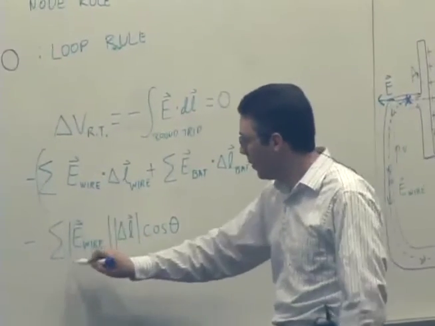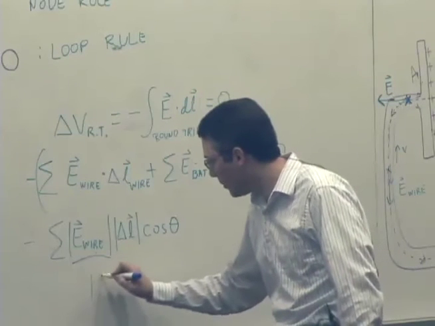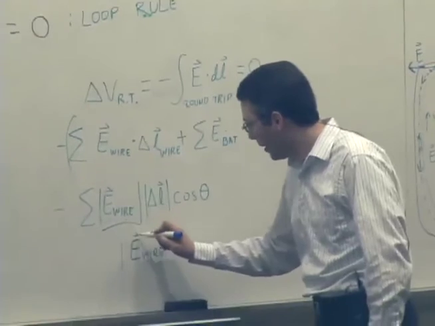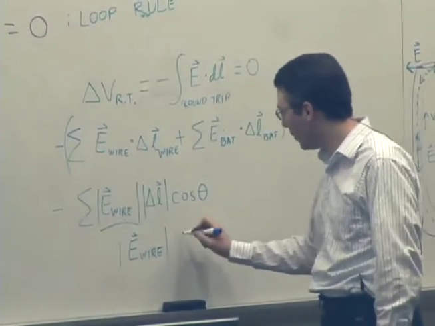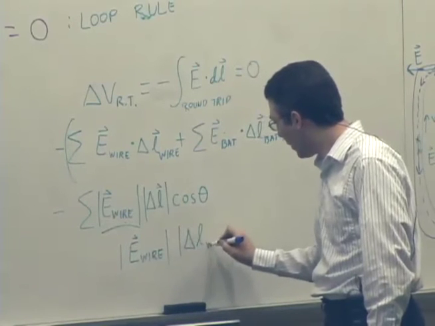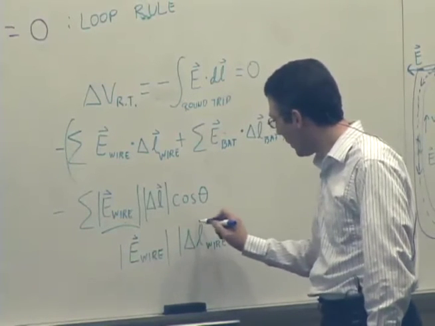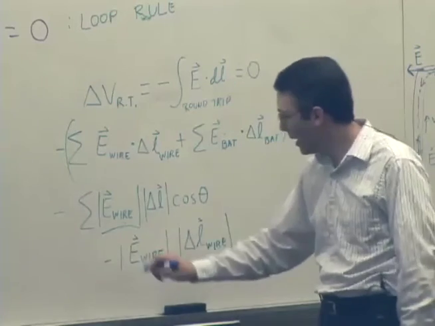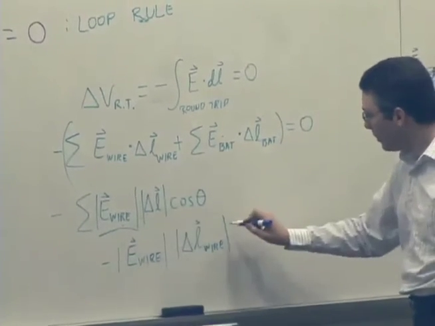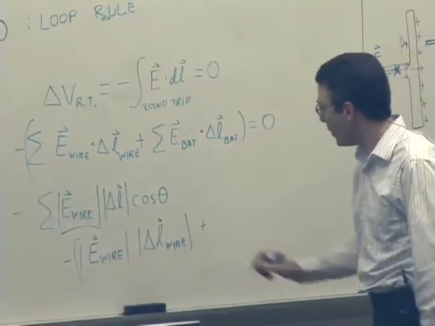And if the electric field is uniform, that electric field comes out of the summation or comes out of the integral, which you can just say it's the magnitude of the field times the magnitude of the length of the wire. Okay, and that's a negative out front. And then we have to add that to the same sort of thing, right?